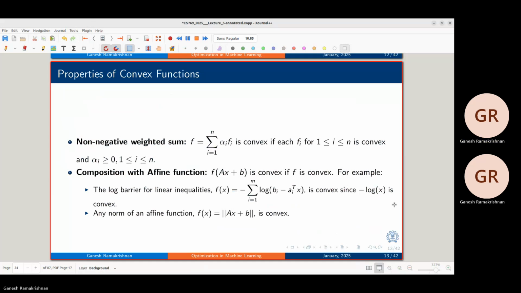Now I apply A, an affine transformation, on x, which is in an m-dimensional space. So x is in an m-dimensional space.